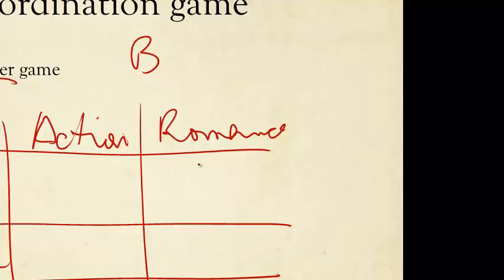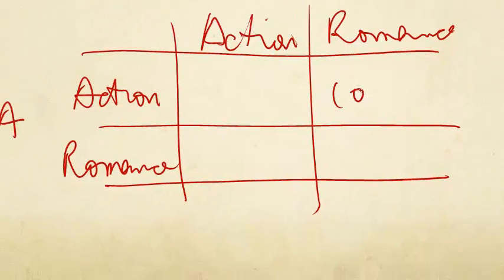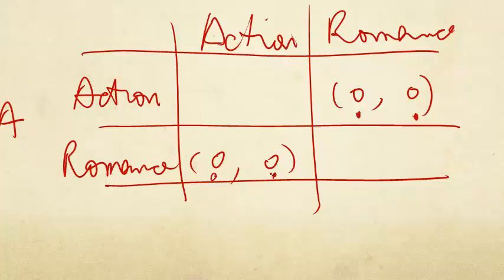Now suppose you two decide on different kinds of movies, then there is no agreement and you decide not to watch a movie and you get 0 payoff, both of you. This is for you, this is for your friend. But suppose you both pick the same kind, then you get some strictly positive return, except the return values are different to you and to your friend.